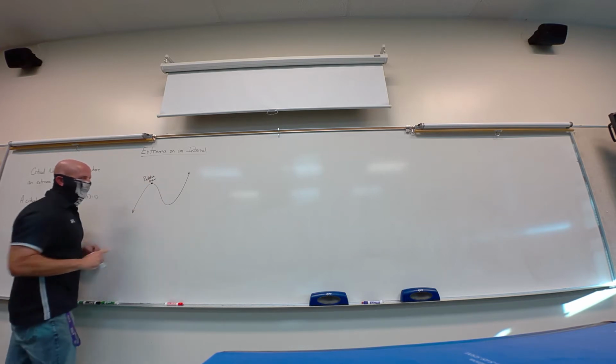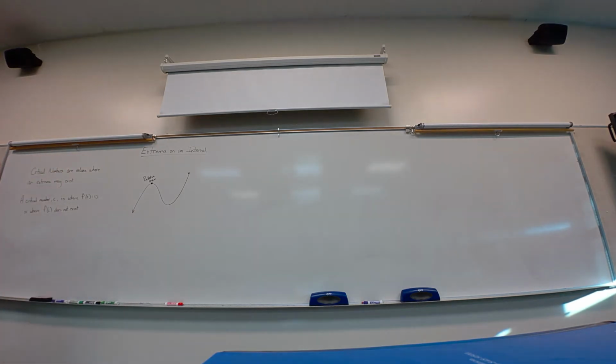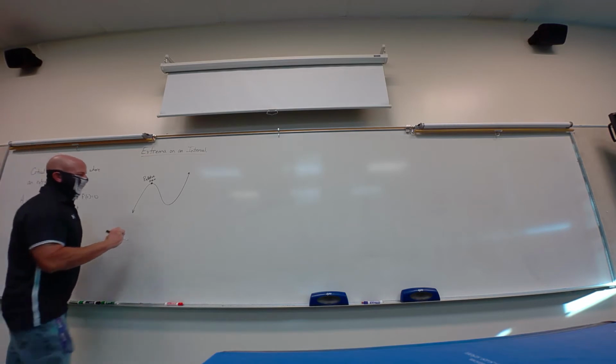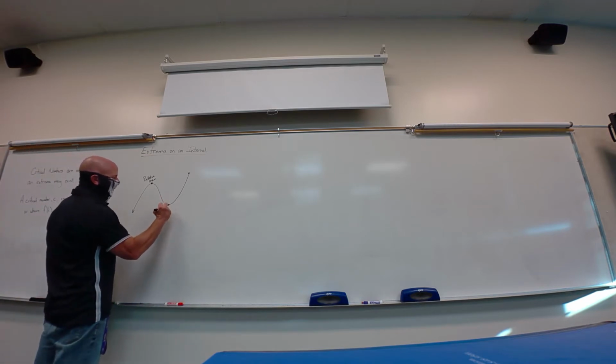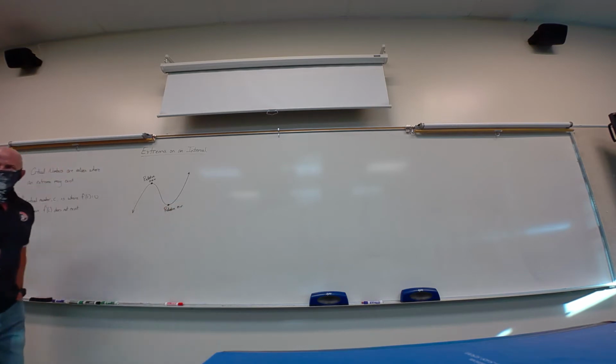It's also called a local max. So, depending on what your teacher called it before, we call them relatives or locals. This book mainly calls them relatives. It means the same thing. Down here would be a relative min. You get a low point there.